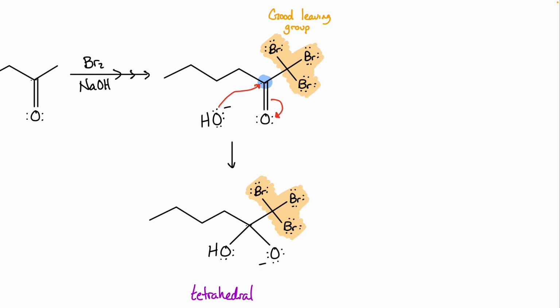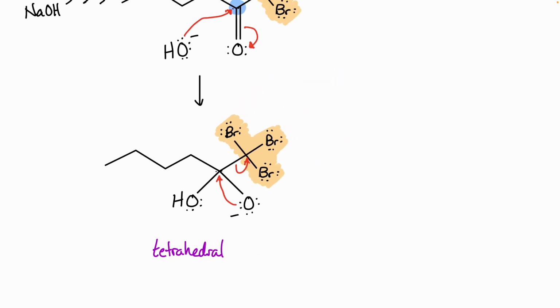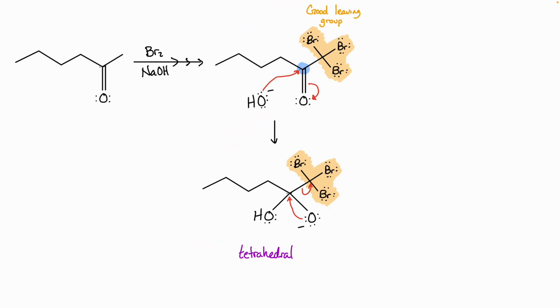All right, and so what's going to happen is that pair of electrons on that oxygen is going to come back down and kick off that leaving group. So at the end of the day here, we're not left with that halogenated alpha carbon. We're instead left with a completely different functional group, a carboxylic acid.